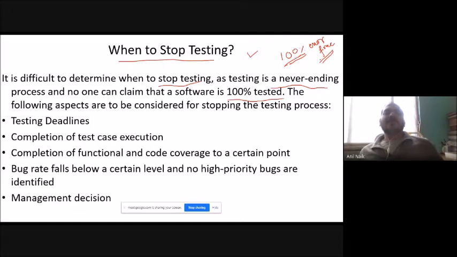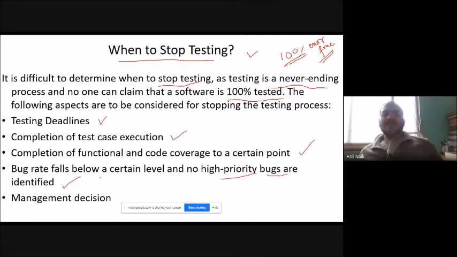The following aspects are to be considered for stopping the testing process: testing deadlines, we need to follow the schedule. Then completion of test case executions, completion of functional and code coverage to a certain point, bug rate falls below a certain level, and no higher priority bugs are identified.